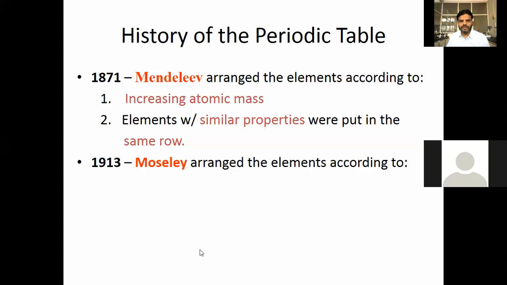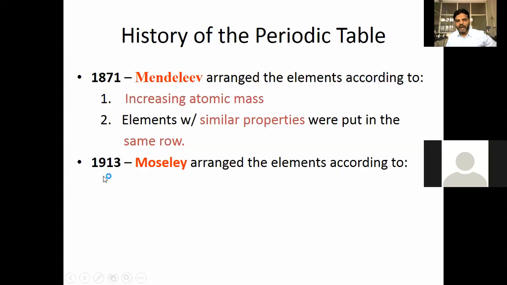On that basis, the arrangement of elements in the periodic table on the basis of increase in atomic mass is discarded. The elements placed in the same group on the basis of atomic mass were found to have different physical and chemical properties. So this indicates that the method of placing the elements on the basis of atomic masses is not correct.